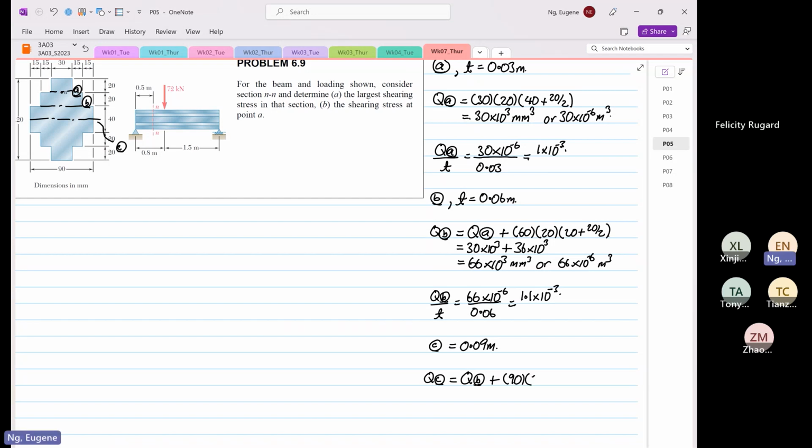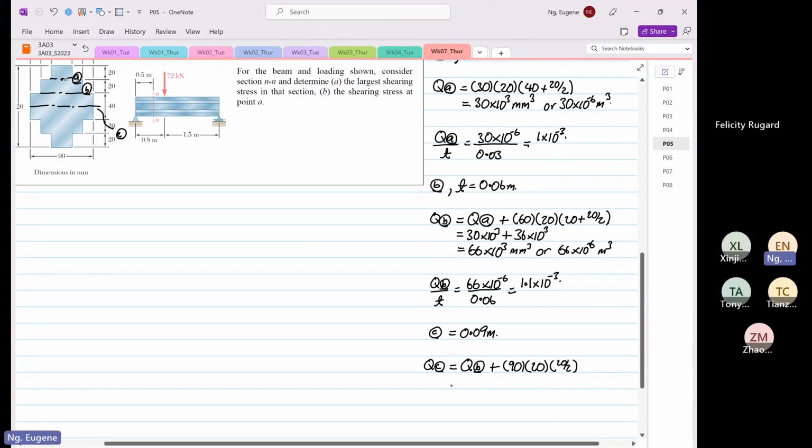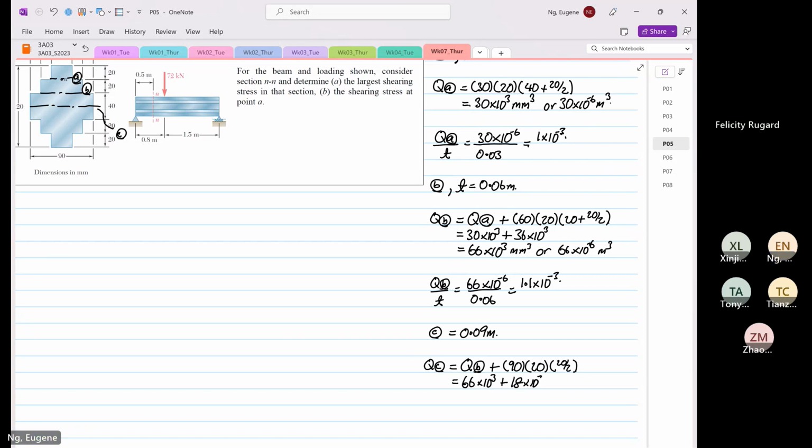The depth is equal to 20, and this is 20 divided by 2 now. So Q at B is equal to 66 times 10 to the power 3 plus 90 times 20 times 10, which is 18 times 10 to the power 3. So 66 power 3 plus 18 power 3 is equal to 84 times 10 to the power 3 millimeter cube, or 84 times 10 to the power minus 6 meter cube.